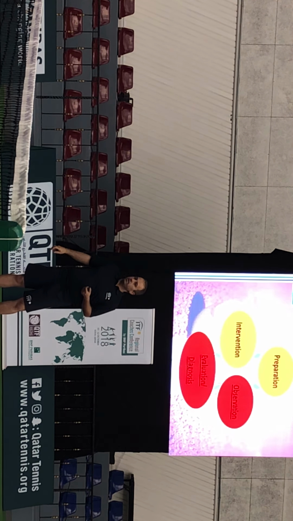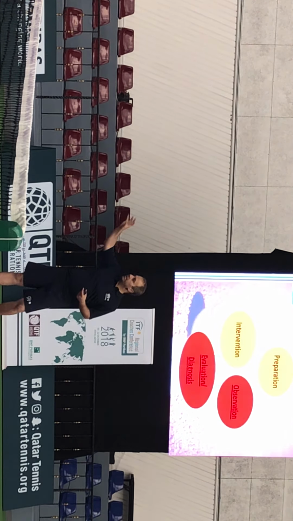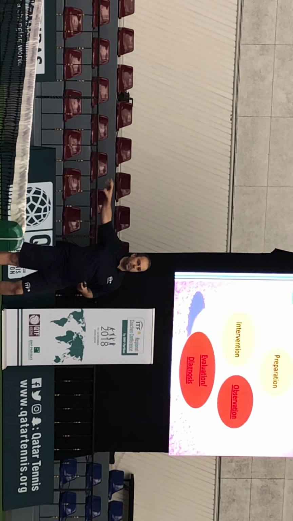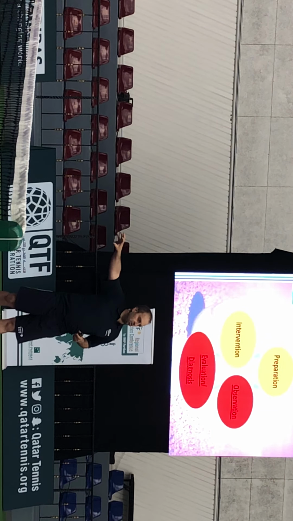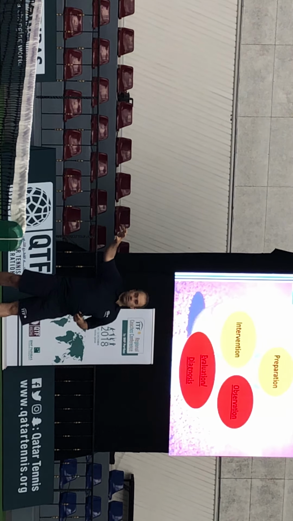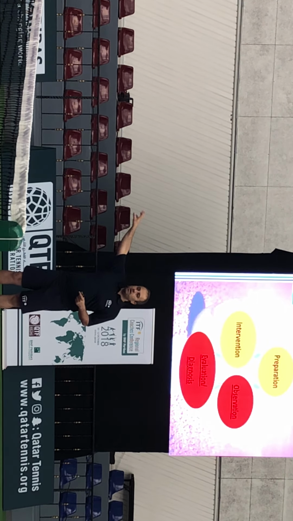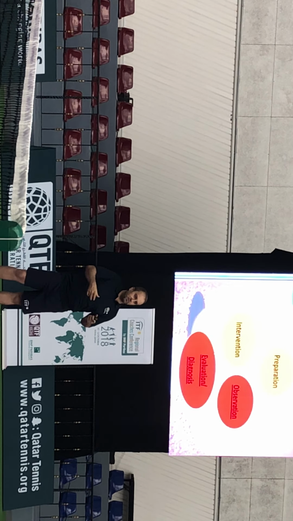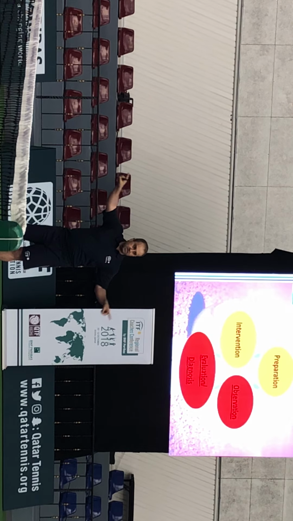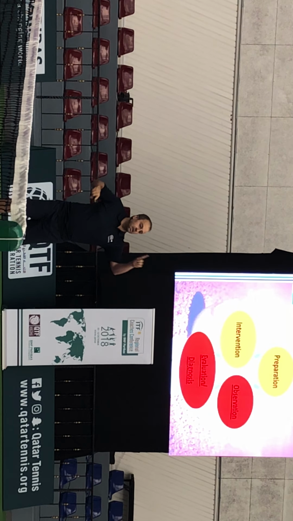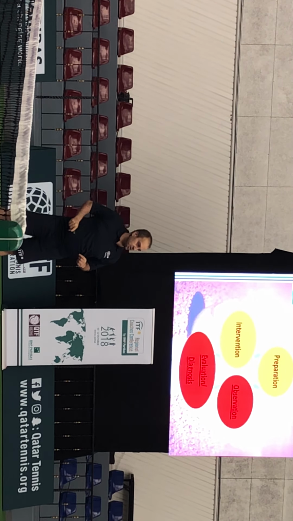Preparation: we get ready, we get the appropriate equipment. On court, the player is not tired, is ready for the session, is ready for our observation. Then observation: we observe the player from different angles, in a real situation, in match situation, in practice situation.